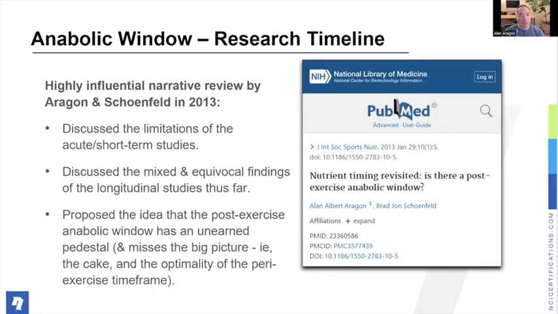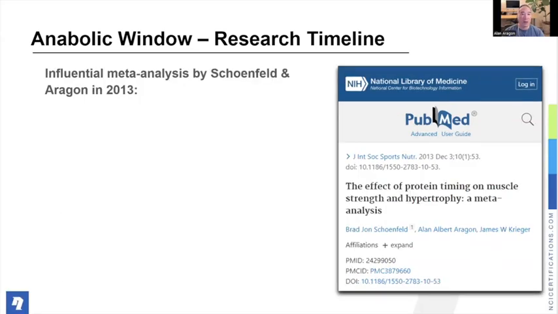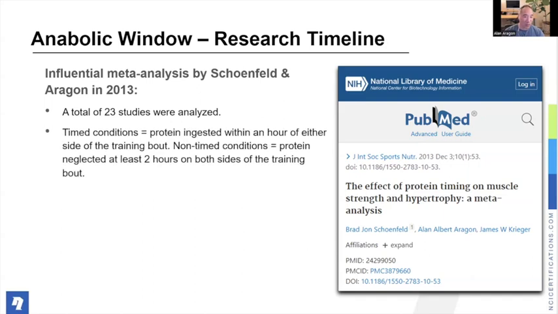And so what we did after we upset a lot of the folks who really believed in the post-exercise anabolic window concept, we conducted a meta-analysis of the studies to date that specifically examined the anabolic window concept. And we only included longitudinal studies.